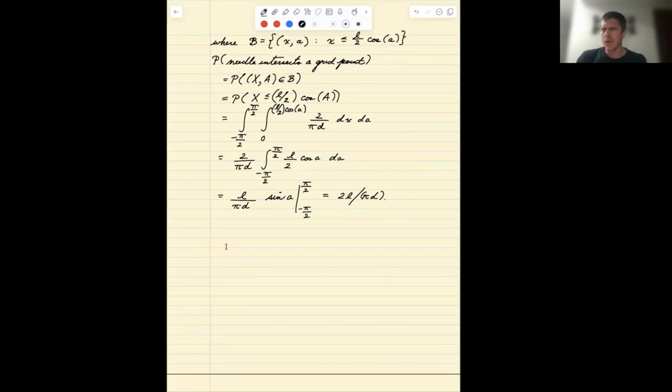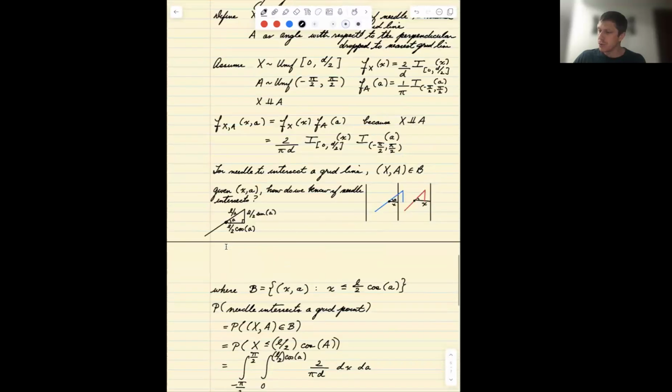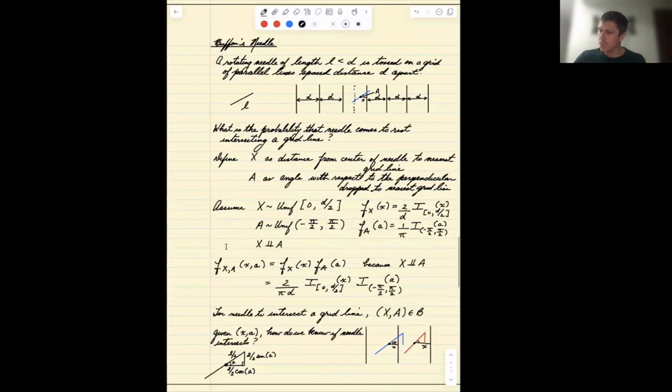What we see is that even if L is the size of D, the width of D, there is still, of course, a probability that we don't get intersection because of the angle. And so in that case, if L is equal to D, we get probability 2 over pi. A very interesting application of joint distributions here. This is called Buffon's needle.